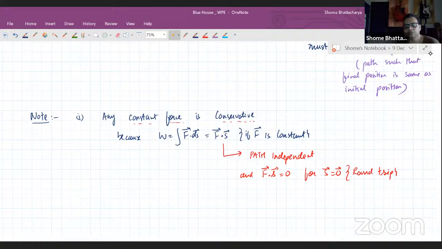Example being the gravitational force at the surface of Earth. It's a constant force. Magnitude and direction are fixed.